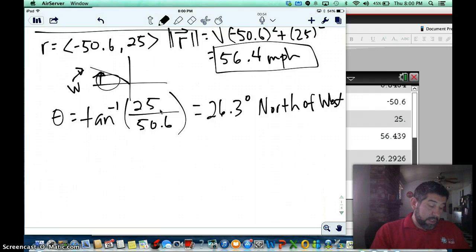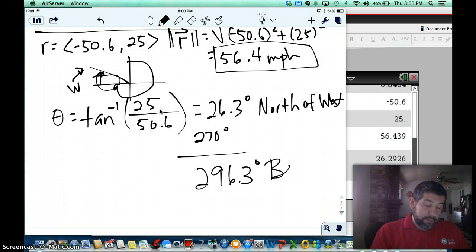I can also say, if I added 270 degrees to that, because this is 270 all the way around right here, that would give me 296.3 degrees bearing. Remember, bearing starts here at 0 degrees.